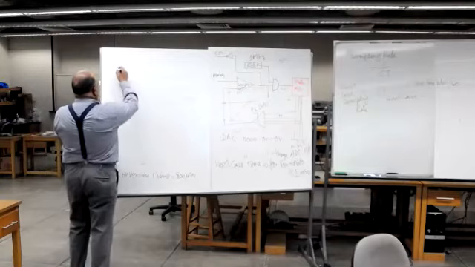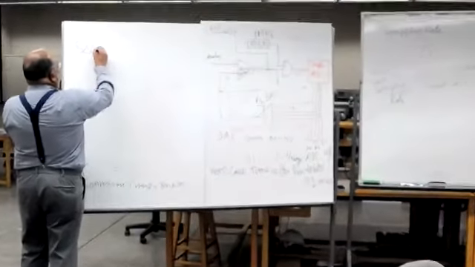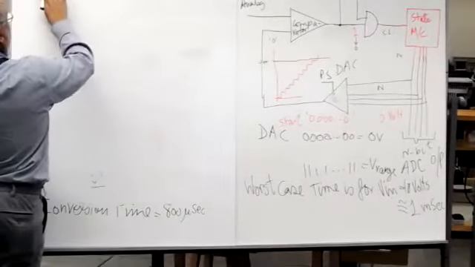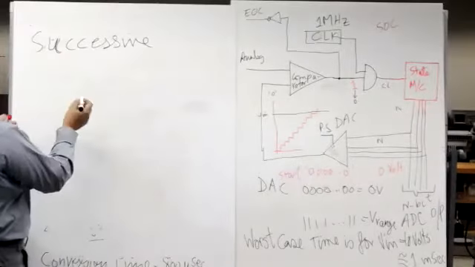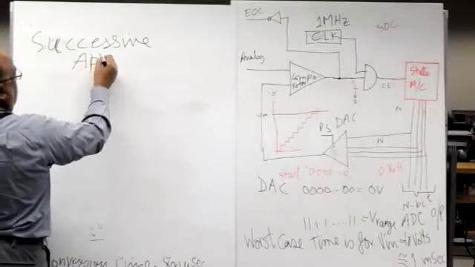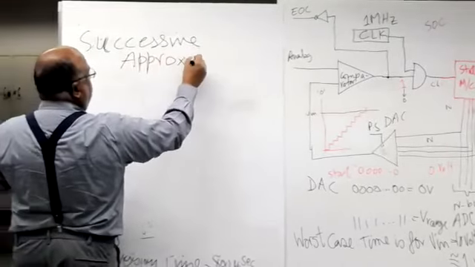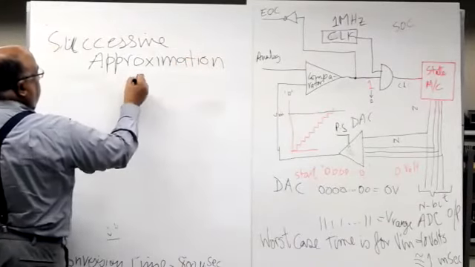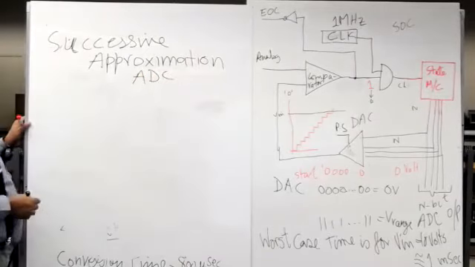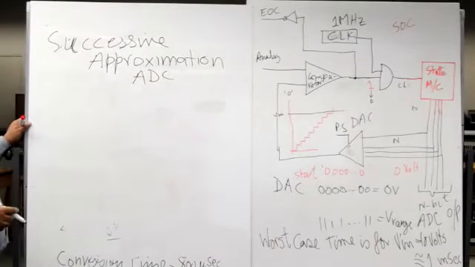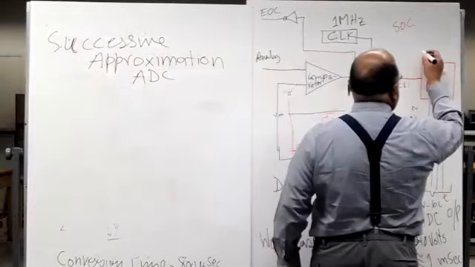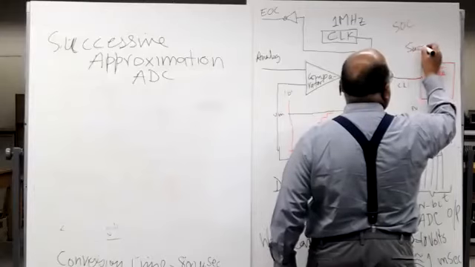It successively approximates the input. Successive approximation. Both words are quite long. I won't write out the full Analog to Digital Conversion. Successive approximation ADC. The only thing that is replaced here is this, which is called the state machine, or sometimes it is called the successive approximation register.